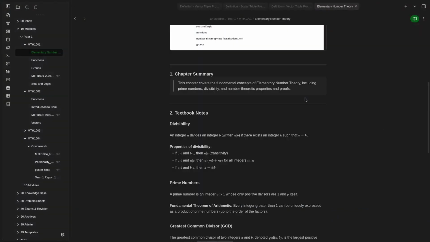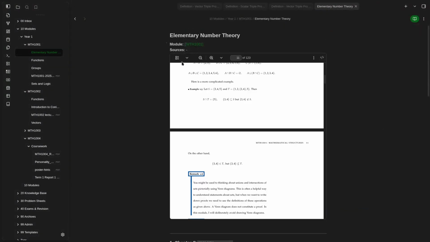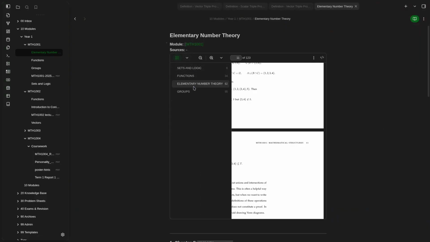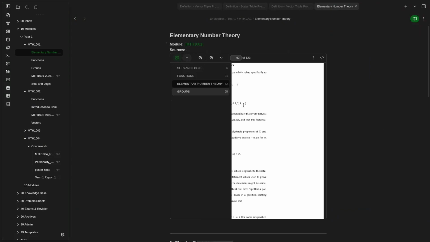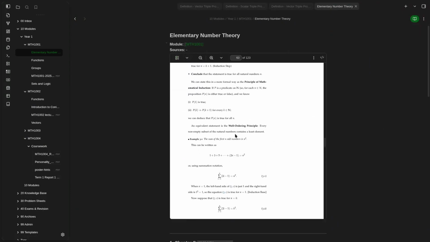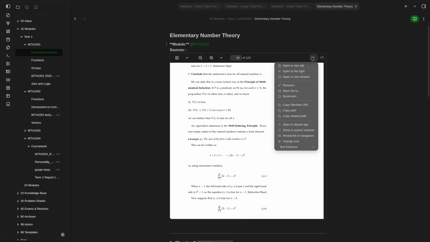It's not as good. If I go to the lecture notes, do I have chapters? Table of contents. Yeah, nice. Can I search in Obsidian? I feel blind.